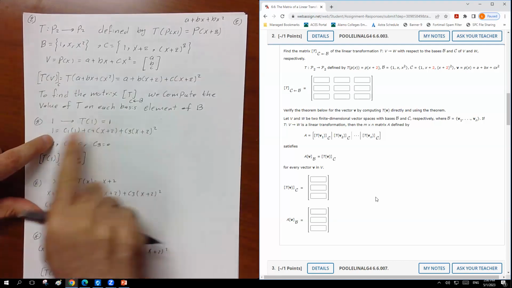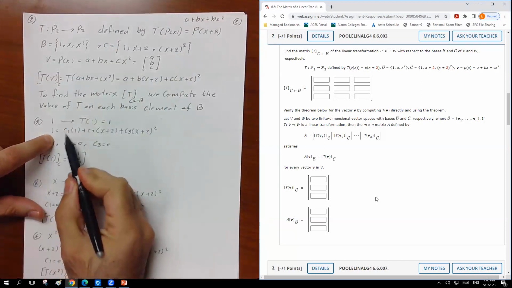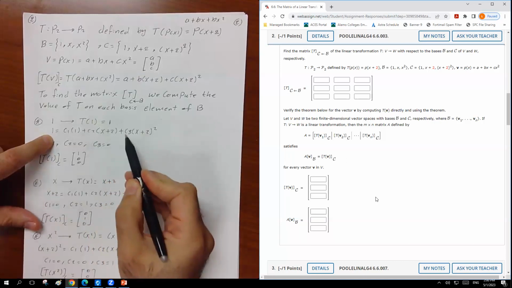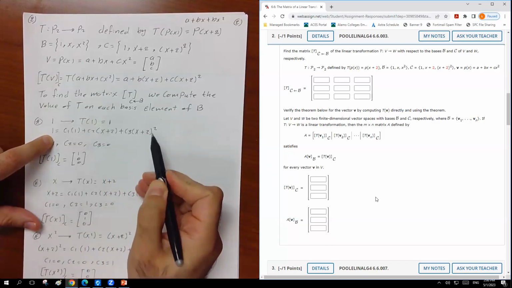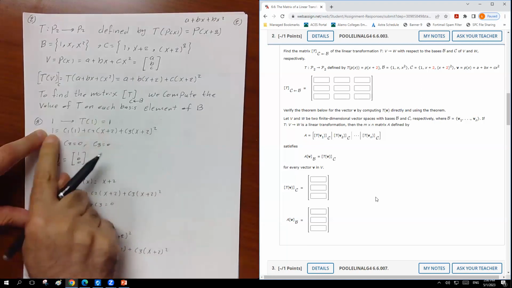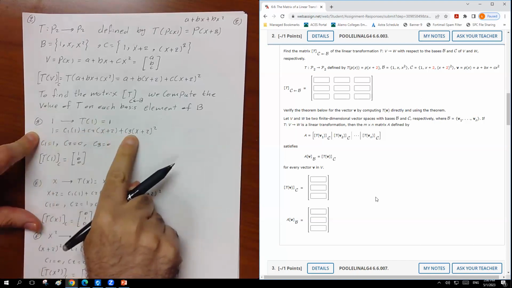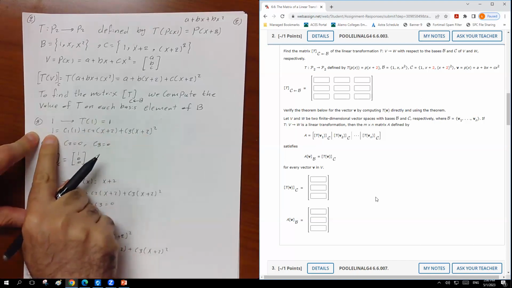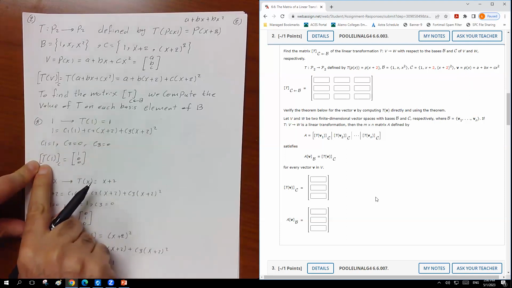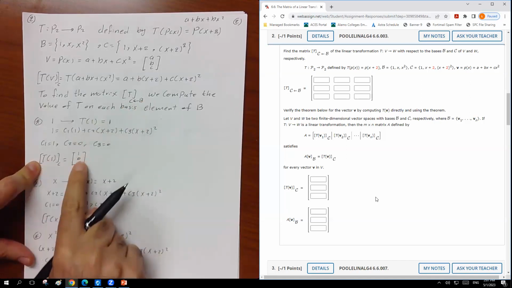Now I'm going to write down the 1 as a linear combination of the base C. So it's going to be c1 times 1 plus c2 times x plus 2 plus c3 times x plus 2 squared. c1 is going to equal 1, c2 is 0 because there is no term with x plus 2, and c3 equals 0 because there is no term with x plus 2 squared. So our first column of the matrix from B to C is going to be 1, 0, 0.